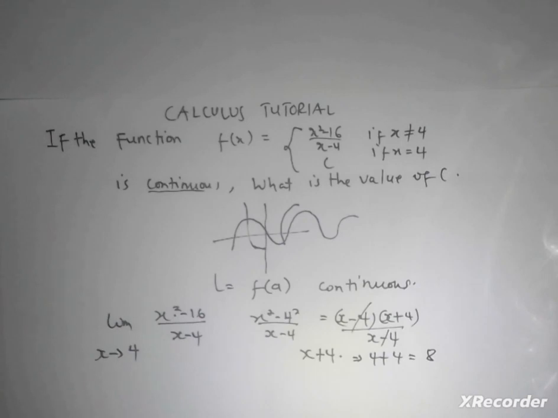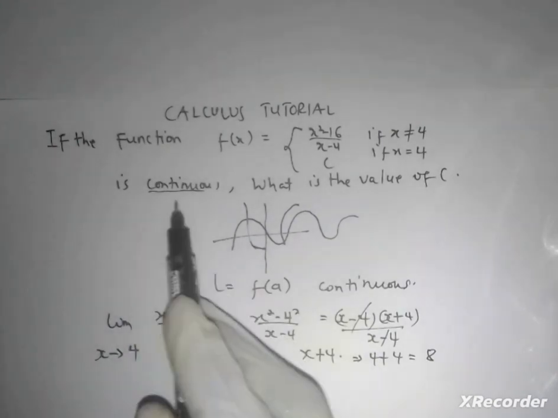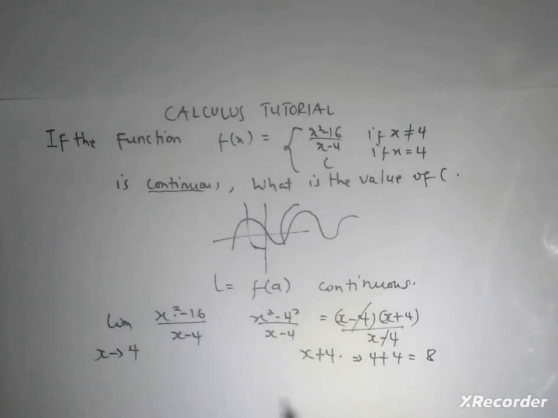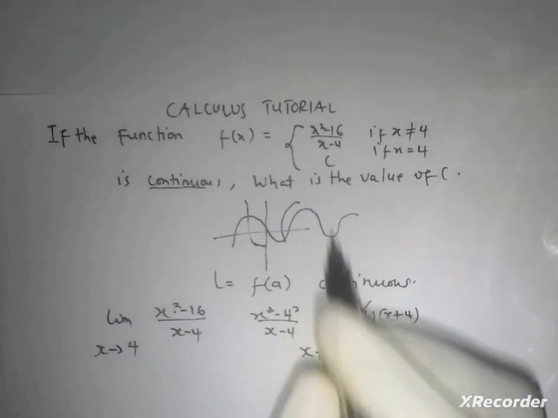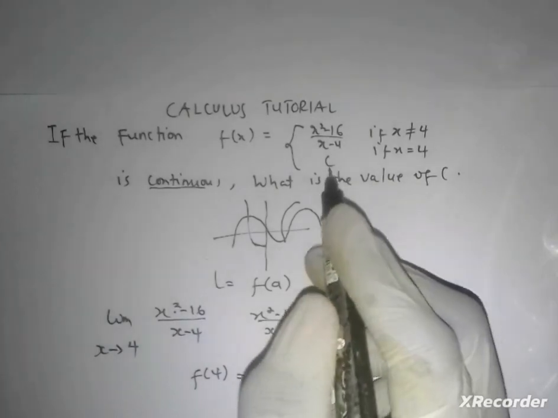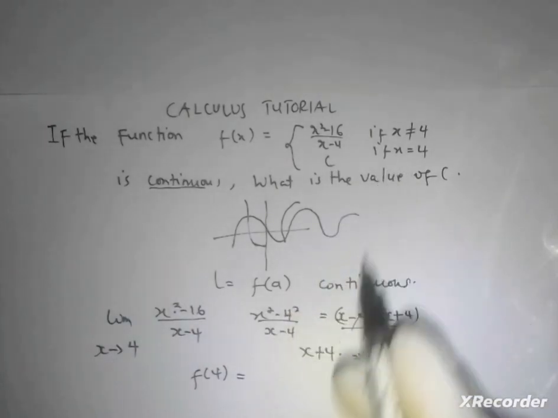And as I come back to the condition, it says a limit point is the same as the functional value provided your function is continuous. So therefore I'm going to have my functional value here, which is c. So the functional value f of 4 is going to give us the c here, since x is equal to 4.